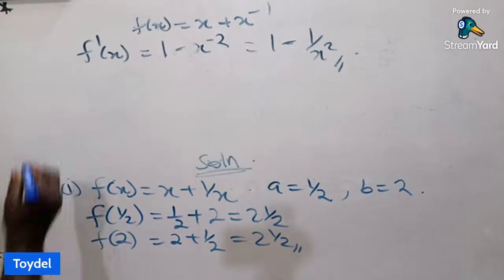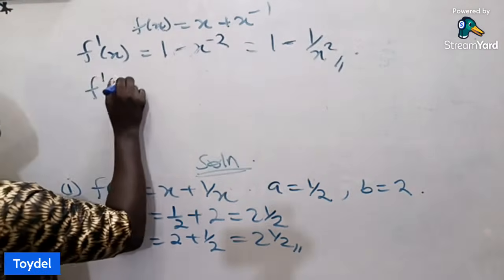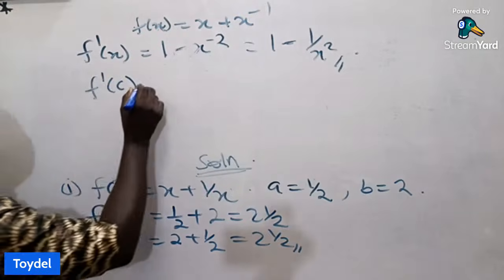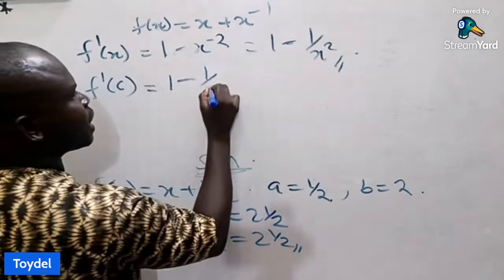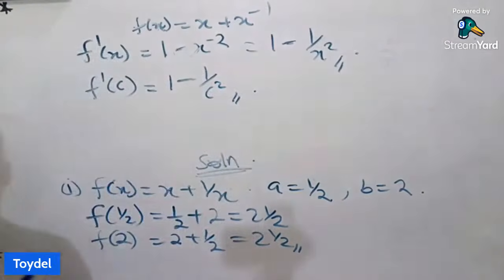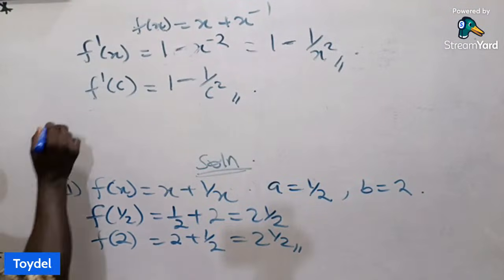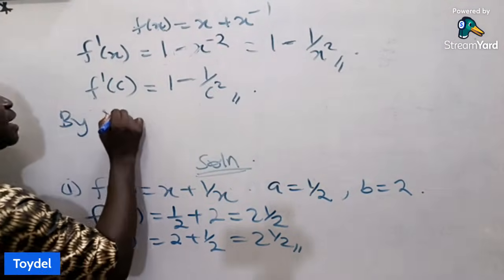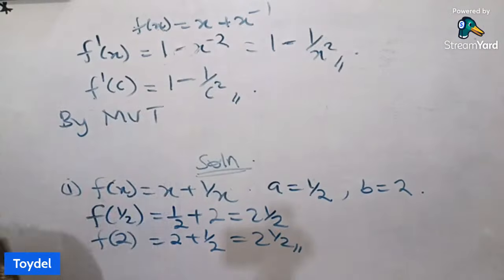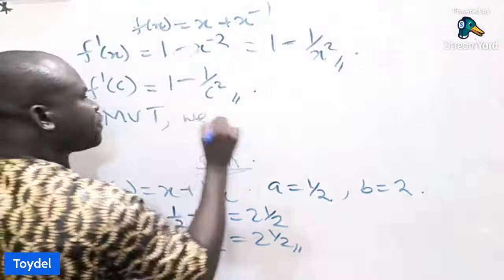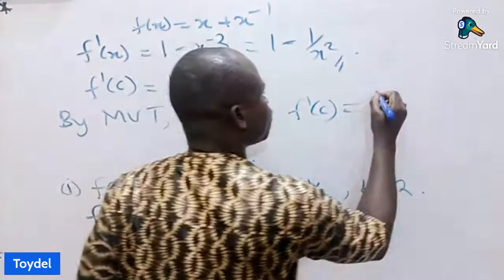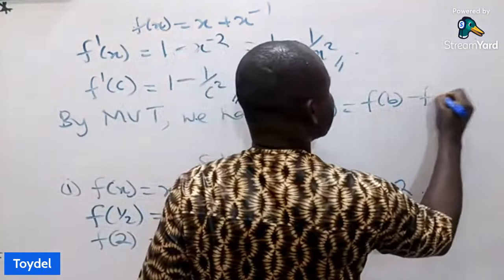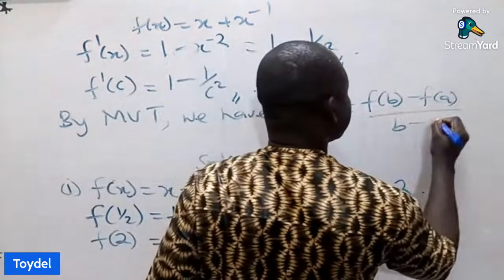And of course, we say f prime of c, because we want to validate mean value theorem, will be 1 minus 1 all over c squared. That's what we are going to get. So we now say by mean value theorem, what happened? We have f prime of c to be equal to f of b minus f of a all over b minus a.